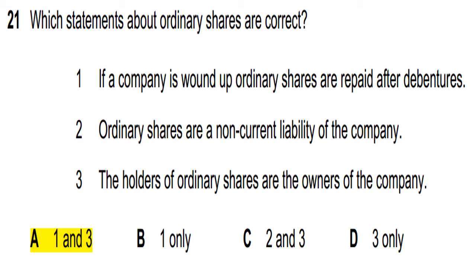This is not a non-current liability, this is share capital, not a liability. And number 3, the holders of ordinary shares are the owners of the company. Yes, if anyone has shares of the company, that person is owner of the company to the percentage which he has. So 1 and 3 will be correct, A option will be correct, 1 and 3.